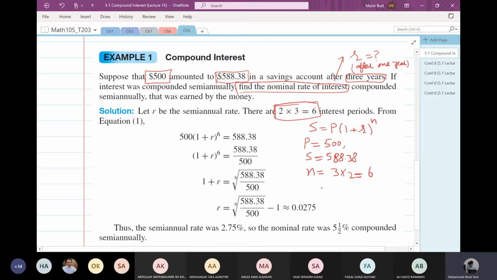Now he asks us to find this R, but after 1 year. But according to this information, we can only get the rate after 6 months, semi-annually. So what we will do, we find the rate after 6 months and then multiply this rate with the 2. We will get the rate after 1 year. You got the point?